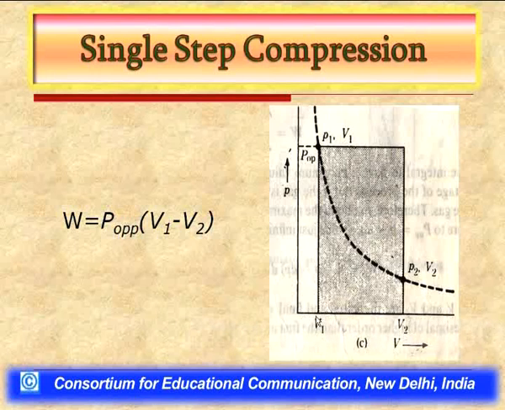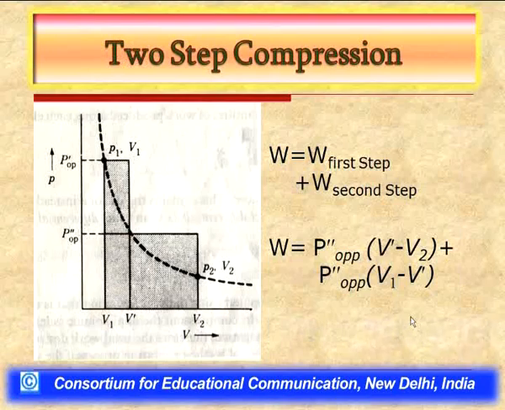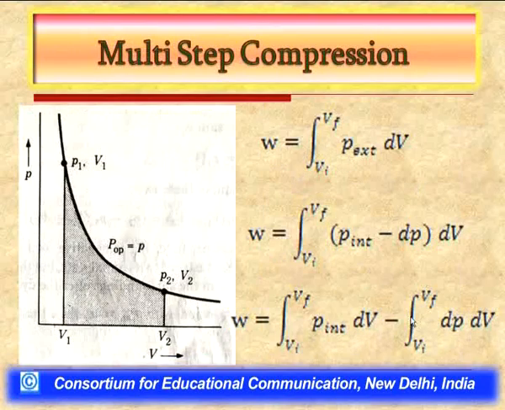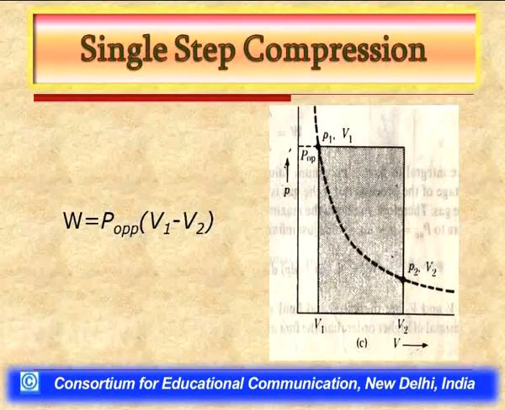exactly the opposite. When we were carrying out expansion, we were altering the volume of the system from V1 to V2, and now when we carry out the compression process, we are trying to restore the volume of the system, that is we are decreasing the volume of the system from its initial volume V2 to the final volume V1.